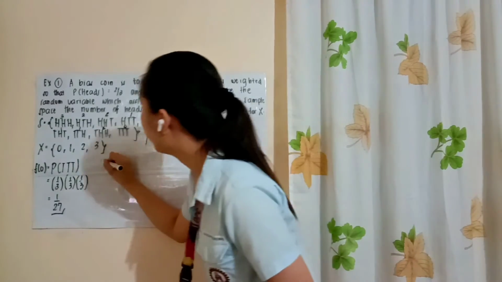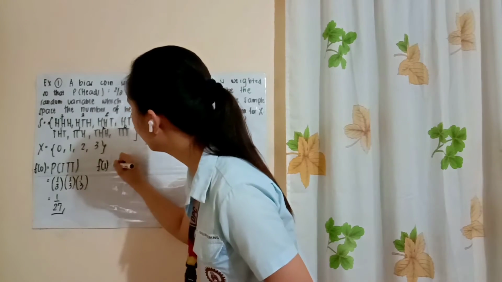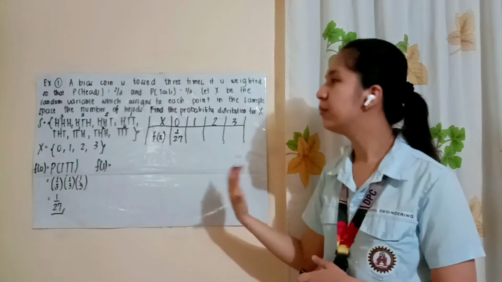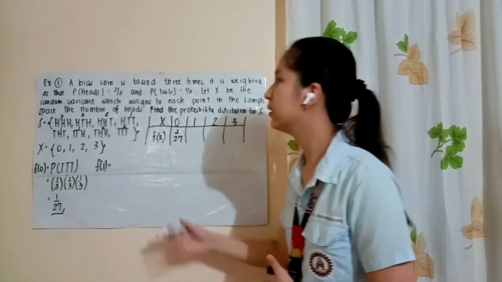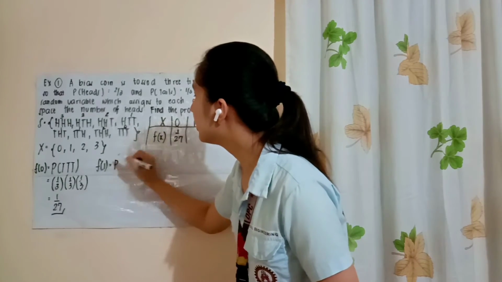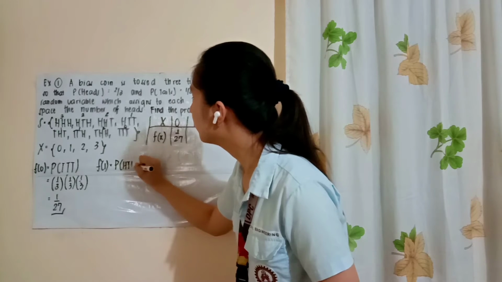Next, we have f of 1. For f of 1, which sample points have only one number of head? First, we have the probability of HTT.